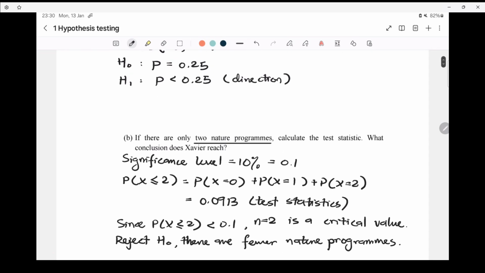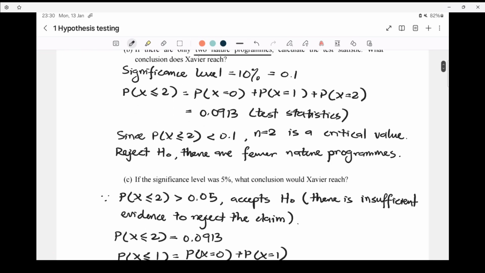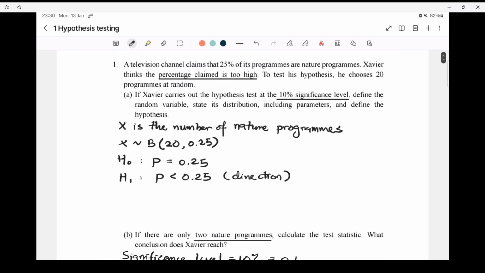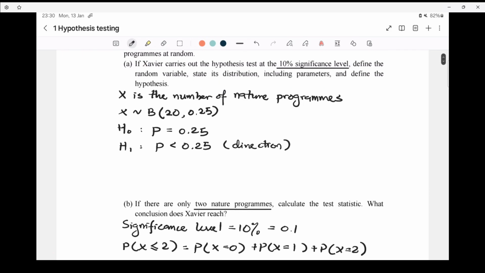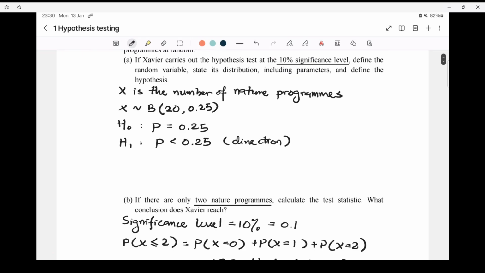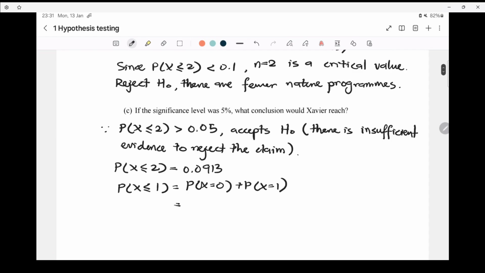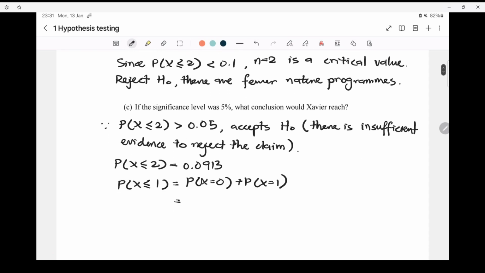So n is 20. P(X = 0), if not mistaken, is 0.0032.